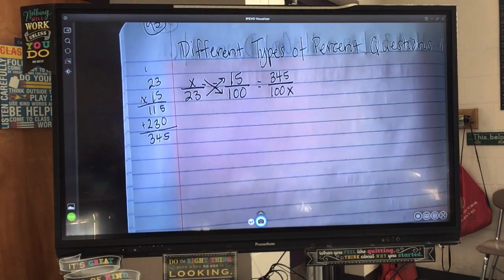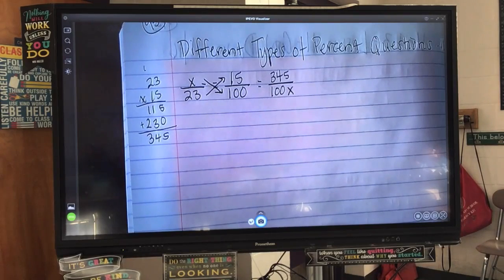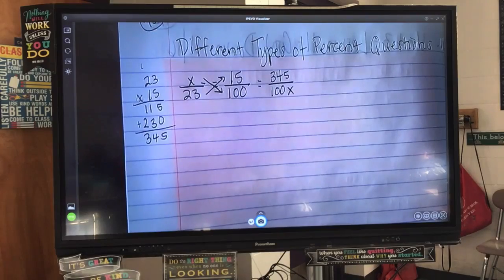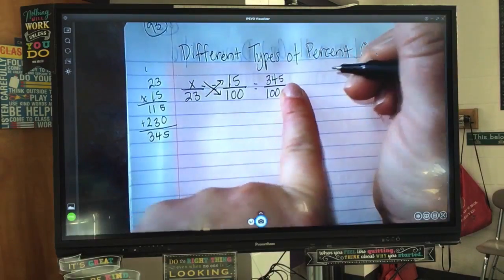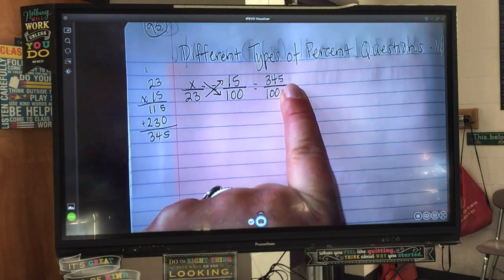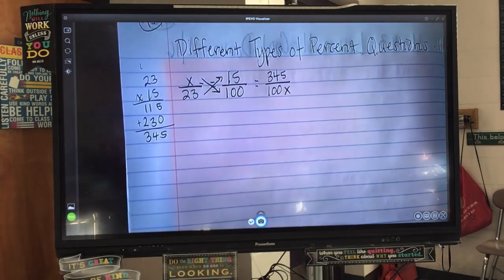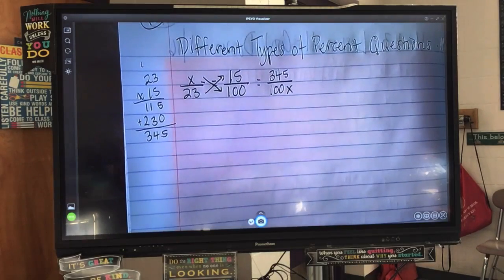Alright, so this is essentially what you get when you cross multiply, which you're probably like, what in the world? Is that what you're thinking right now? A little bit? Alright, so here, remove the x for a minute, and we have to write this as a decimal, because 345% of 100.